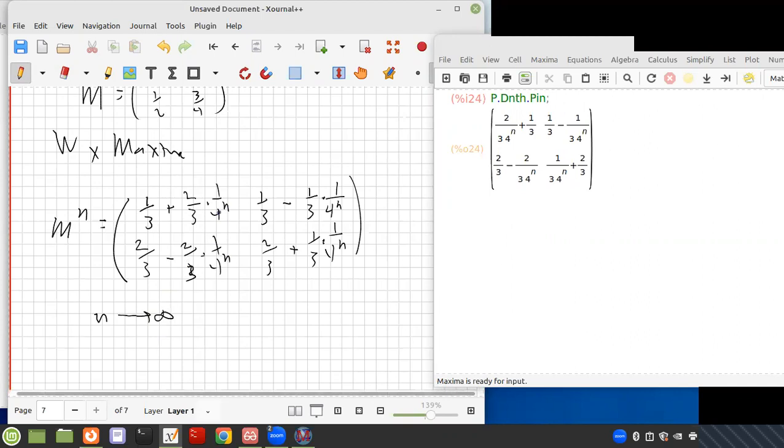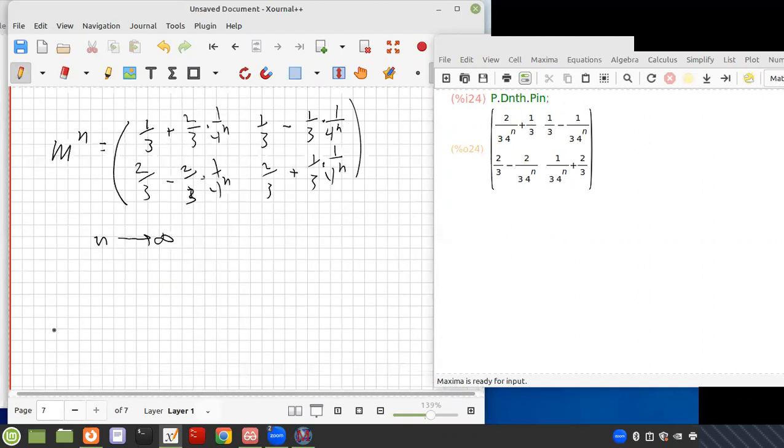Well, that's like 1/4 squared, 1/4 cubed. The second term here is getting smaller and smaller. So what it turns out is that m to the n, for large n, is approximately equal to 1/3, 1/3, 2/3, 2/3.